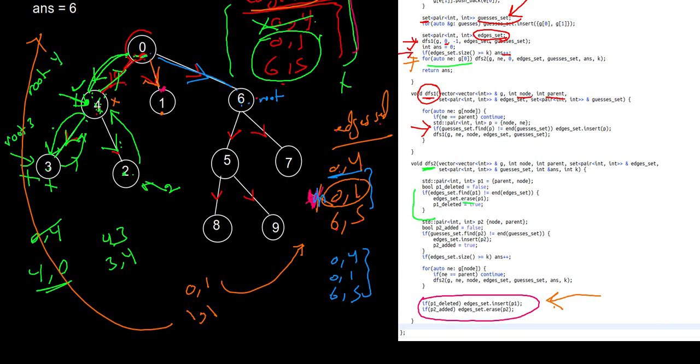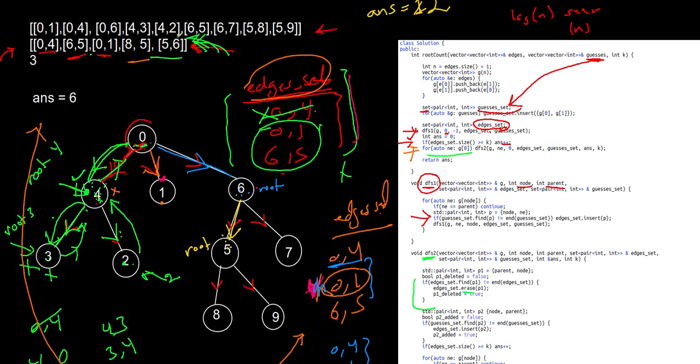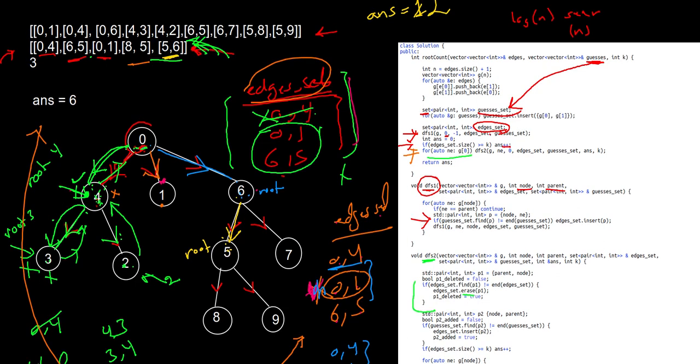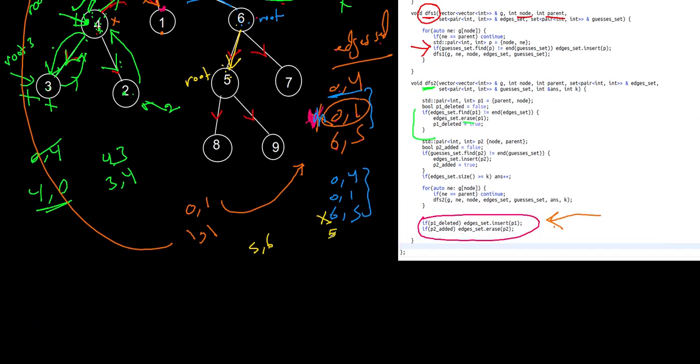Now we need to visit from 6 this node. Is 6 5 in this set? Yes, so we remove 6 5. 2 items remain, but before that we need to check 5 6, which is the opposite, because this is our root now. Is 5 6 in the guesses array? 5 6 is in the guesses array, so we insert 5 6 to the set.